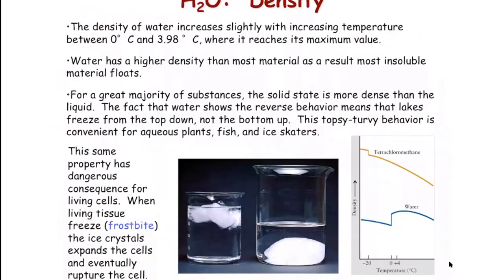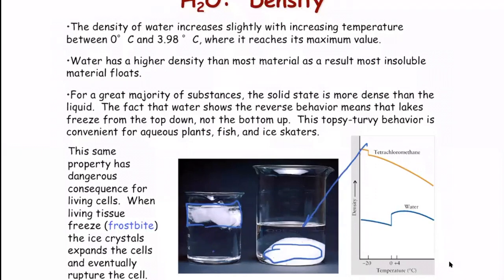Here, we see that in the solid form, ice is less dense than the liquid form. That's not true for most substances. For most substances, the solid form is more dense than the liquid form, and so it should sink. And why is that important?